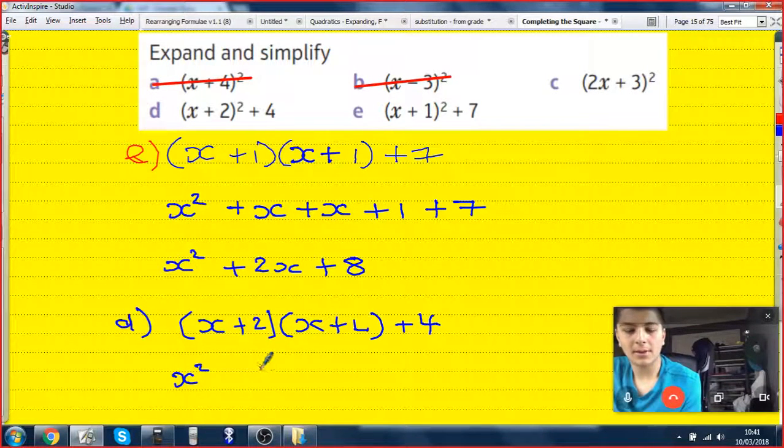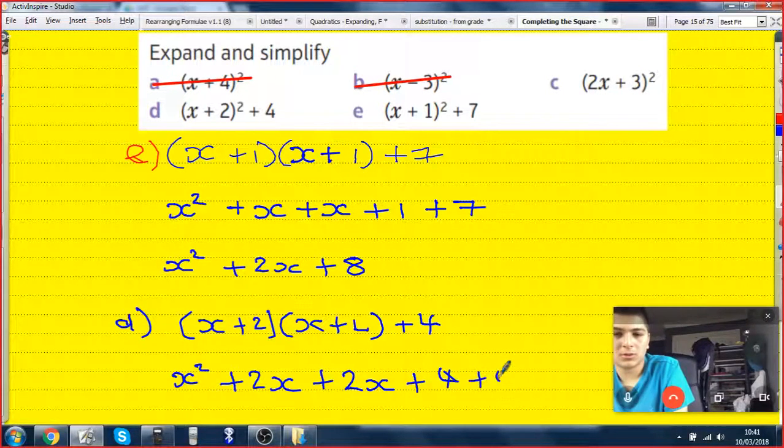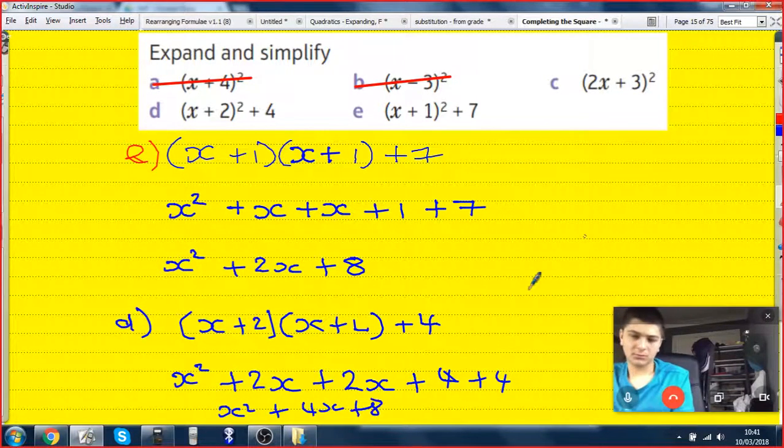And then plus 2x. Plus 2x again. And plus 4 plus 4. And then we would get x squared plus 4x plus 8. Well done. X squared plus 4x plus 8.